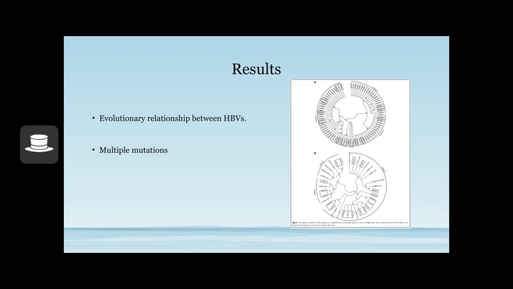However, sequences compared with genotype D were evolutionarily diverted. On the other hand, there were several amino acid mutations. Mutations might have a possible effect on structural and functional activity of S protein, which might be a significant cause of resistance.